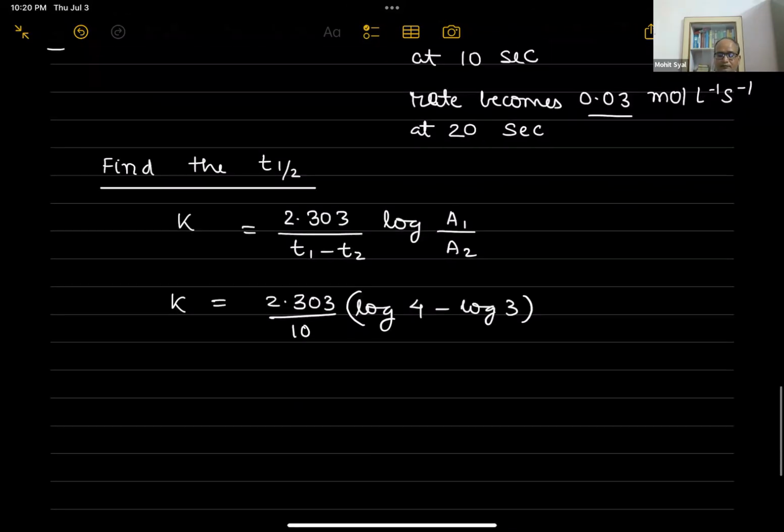So log 4 is 0.6, roughly I am taking 0.3010 into 2. And this is 0.4771, so 0.48. Got it?